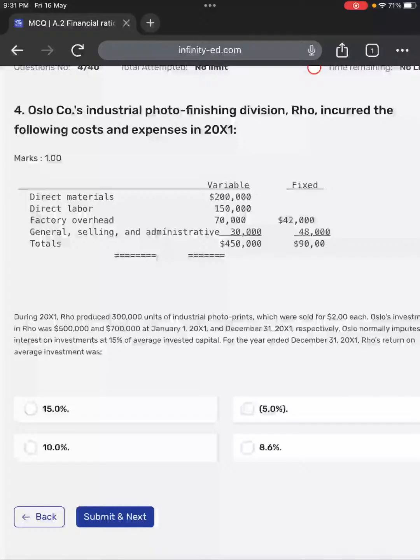And average investment, 500 plus 700 divided by 2, comes to 600.